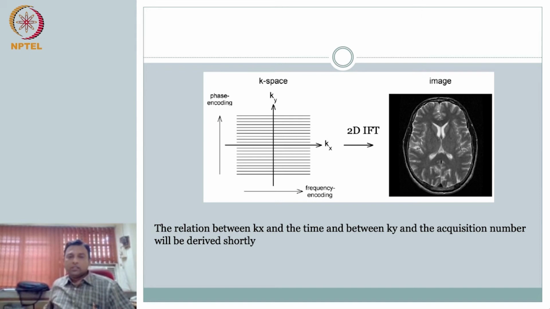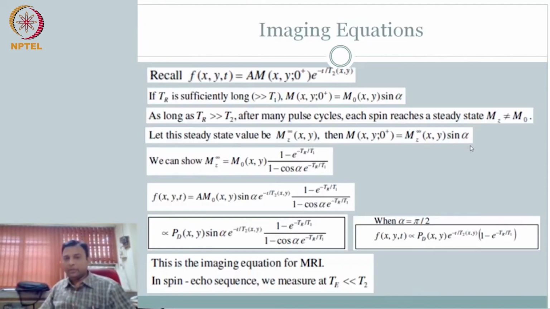Okay. So finally, last slide, what we will do is put every signal, right? We have measured all the signal. We'll put it in the equation, align it up so that we see the signal equation. So imaging equations. We know f of x comma y of t is this guy. Some scaling constants is essentially a magnetization vector from x comma y at 0 plus, right, at the start, which is going to decay.